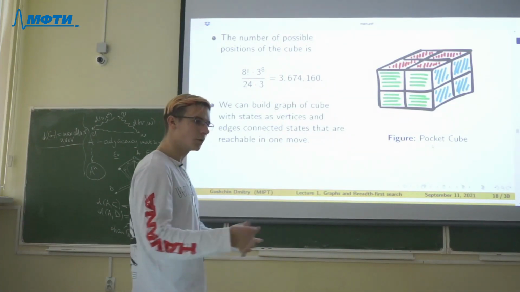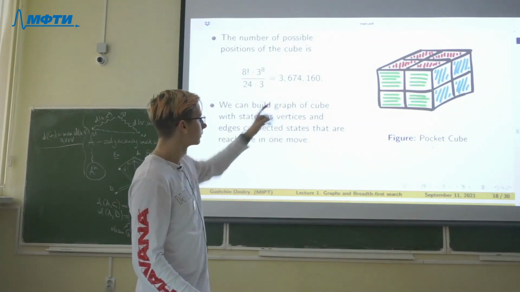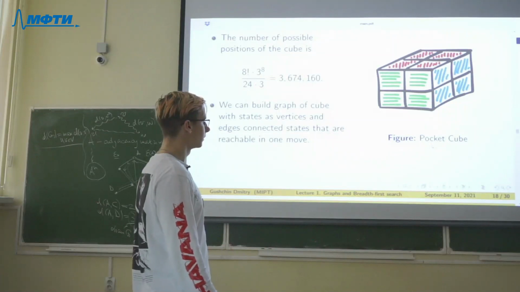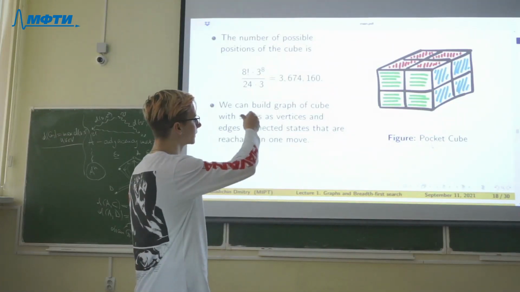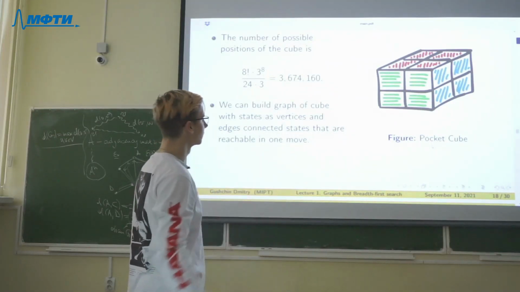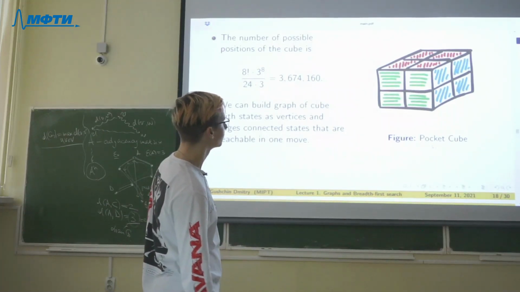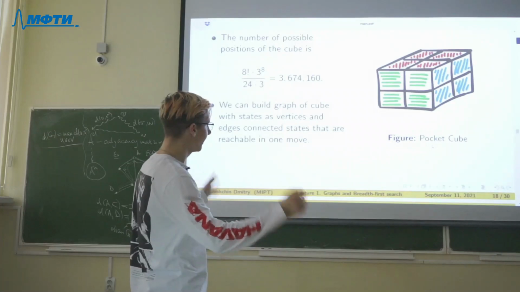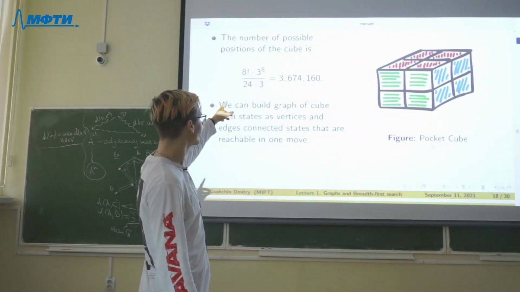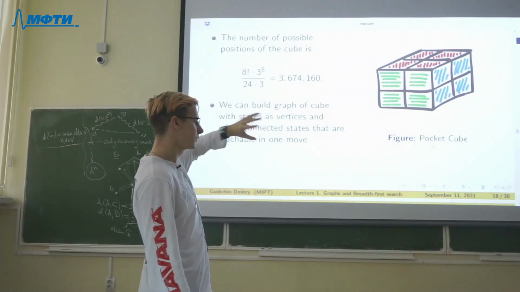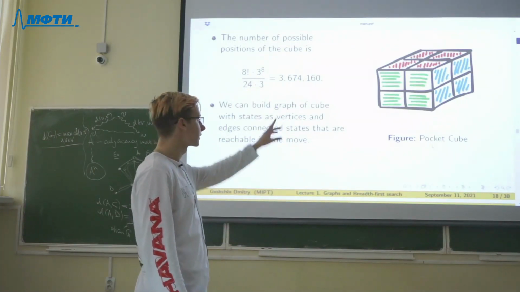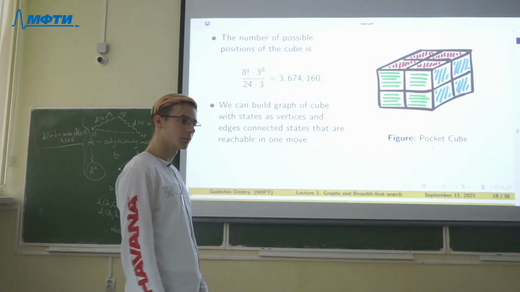So you can code the state of the cube as 8 numbers that correspond to every smaller cube, and 8 numbers from 1 to 3 that say how you need to transform or set it as in the picture.